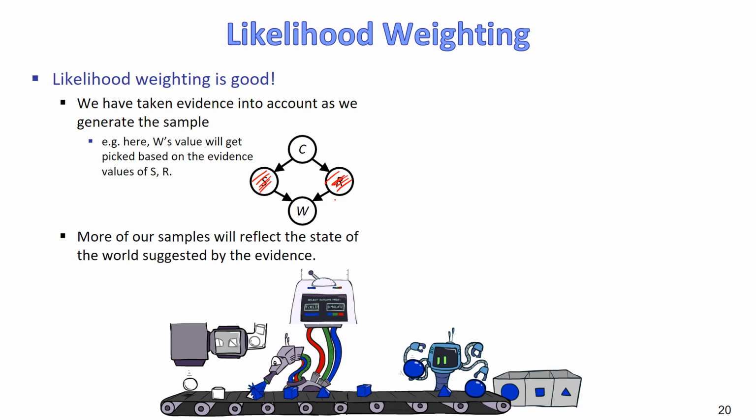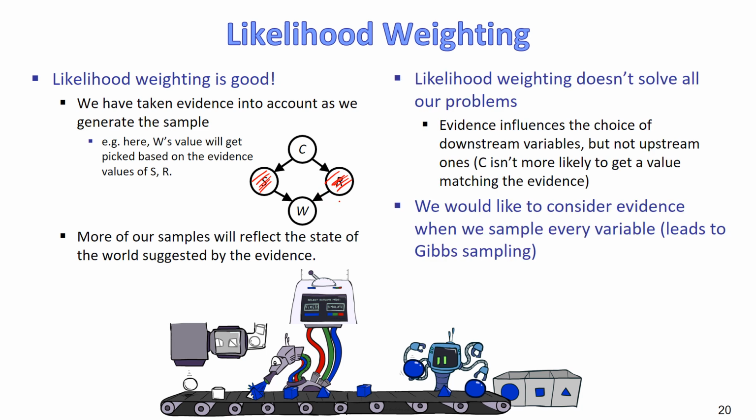So that's good, because we don't just sample completely randomly, but we sample based on the observed values that we saw. But on the other hand, that's not the case for all variables, because a variable like C, which is upstream from the evidence variables, will not be affected or influenced at all by the evidence. Because if you remember, we go top down.